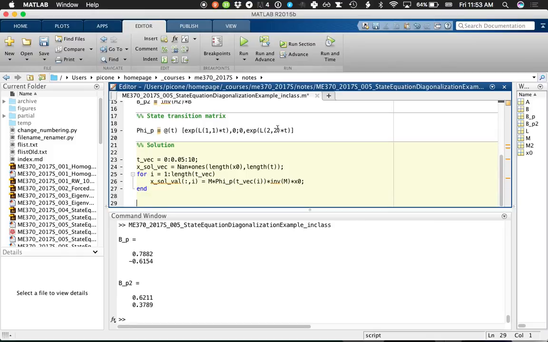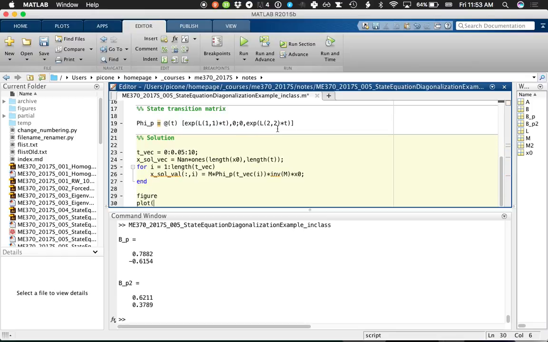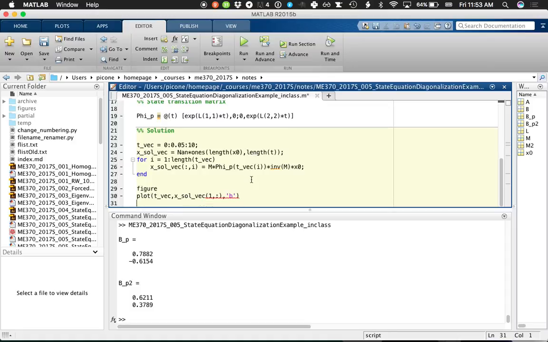I'll do a figure, I'll do plot, time vector and x solution value vector, I called it. I'm going to take the first row, all columns. That's going to be x1. I'm going to make that blue.